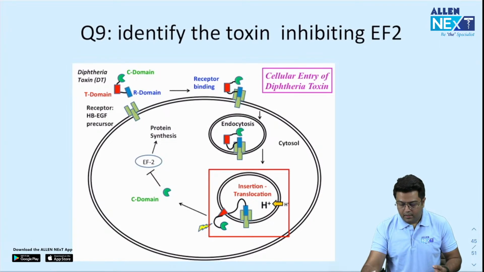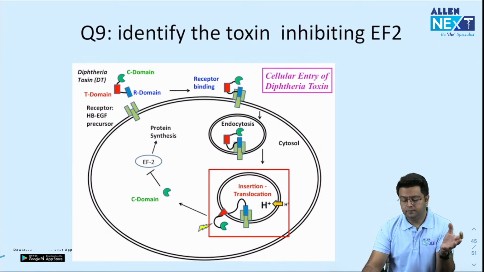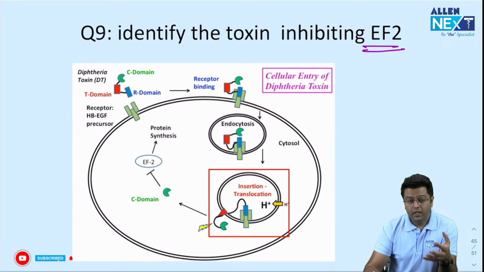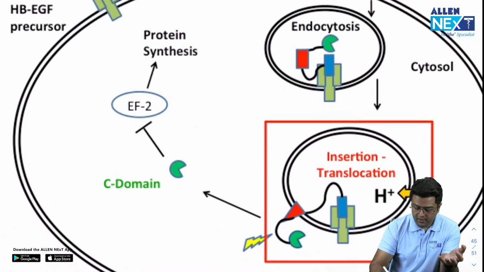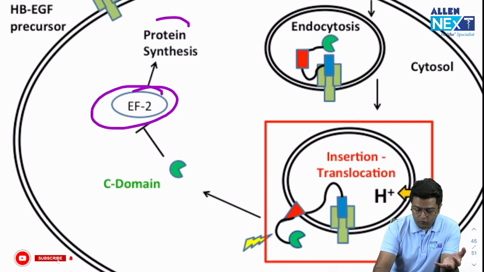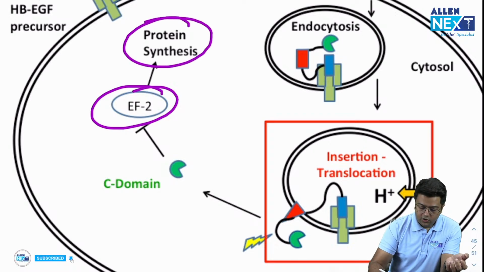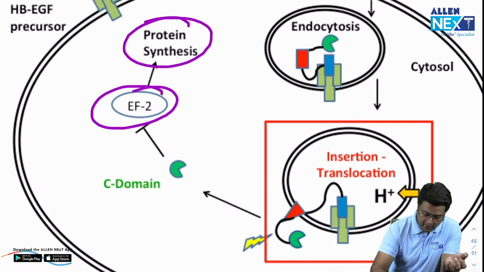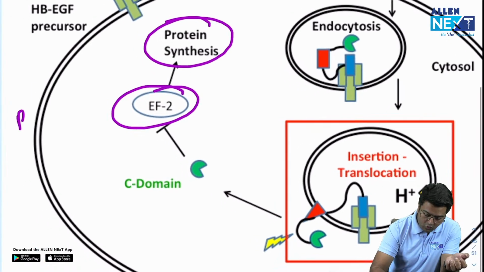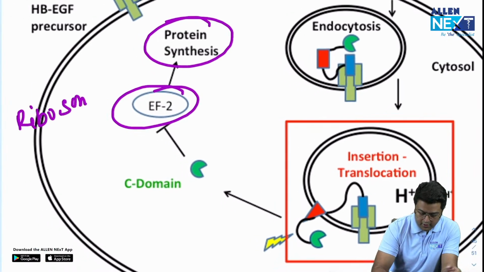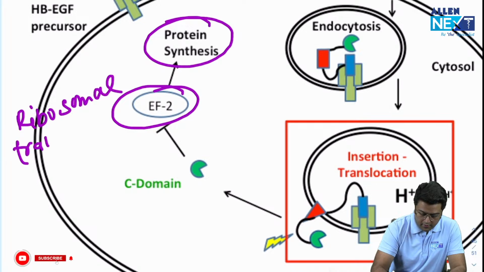Okay, guys, there was a question where an image was given, right? And in the image they have clearly mentioned that some toxin or compound is inhibiting elongation factor 2, which inhibits protein synthesis. So guys, elongation factor 2 is required for ribosomal translocation.